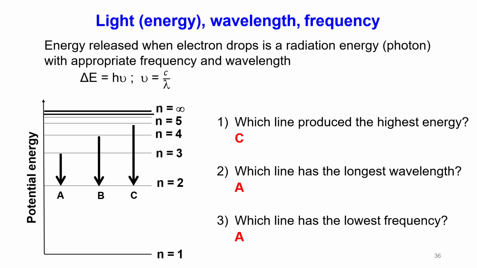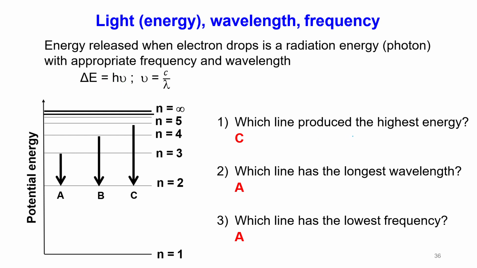Okay, selain daripada kita calculate movement of electron from which orbit to certain orbit, kita boleh juga identify which line yang akan produce highest energy based on this formula. V equal to C over lambda dan juga delta E equal to hV.